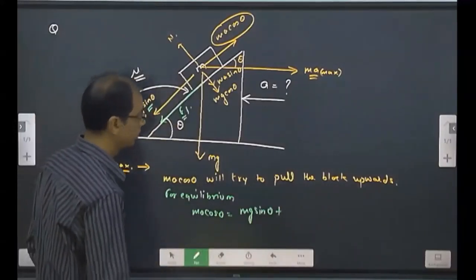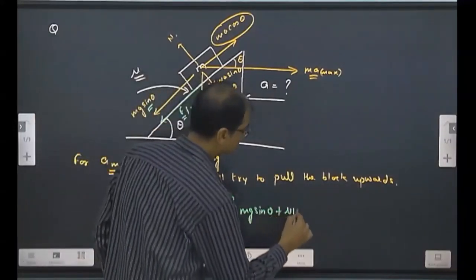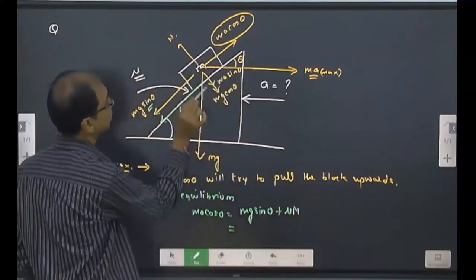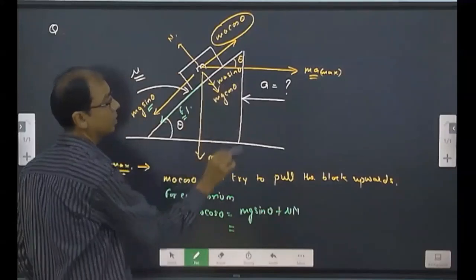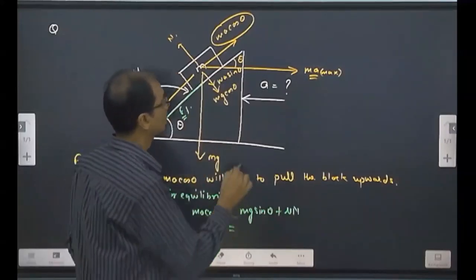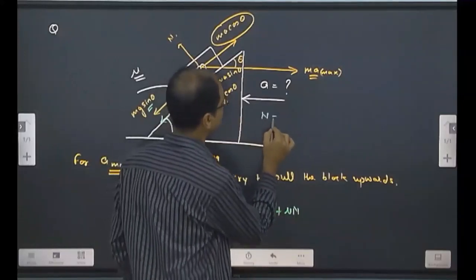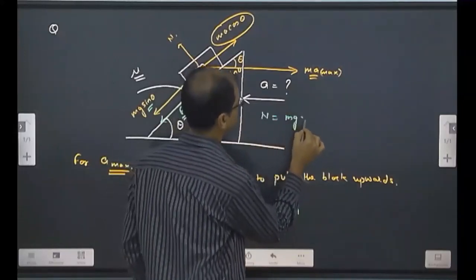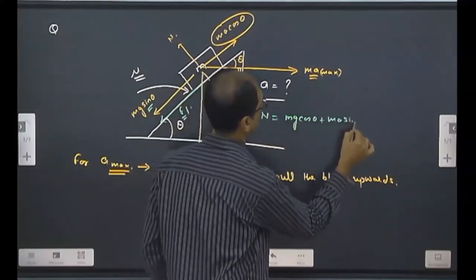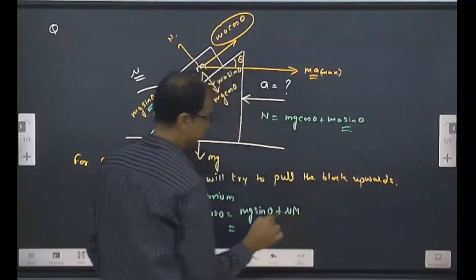So mu N. Put the N value. What is the N value? We'll see. N is equal to mg cos theta plus ma sin theta, according to the free body diagram. This is what we are going to keep here.